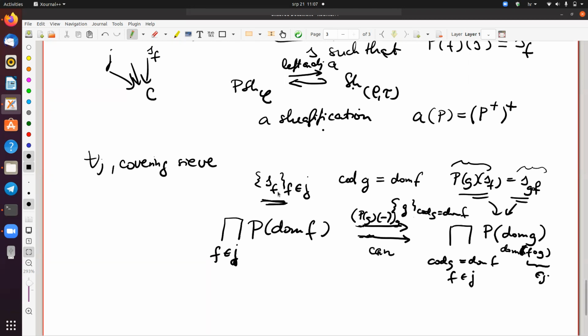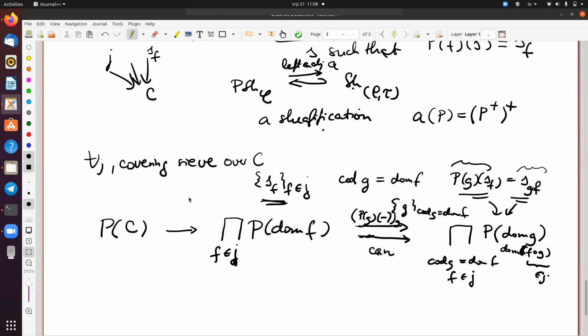I can find that S of this guy in this family. So from this, I can read it here. So I have a map. And now I'm saying that this defines a unique element in P of C, where C is what the covering is over.